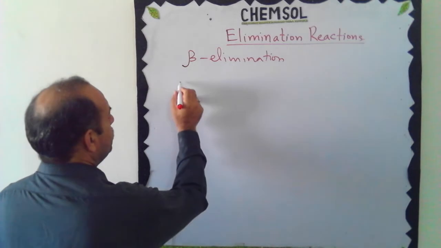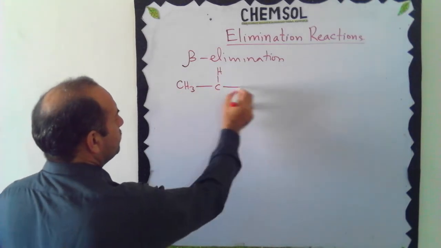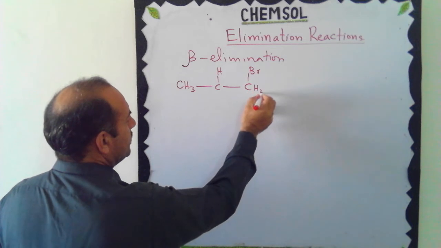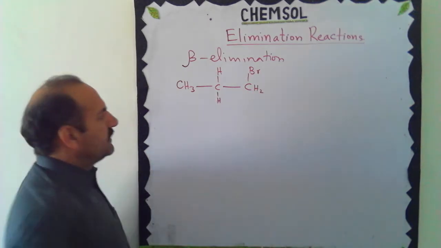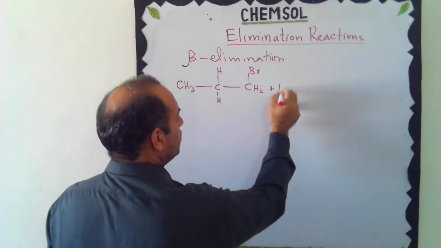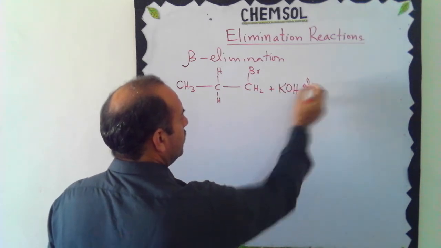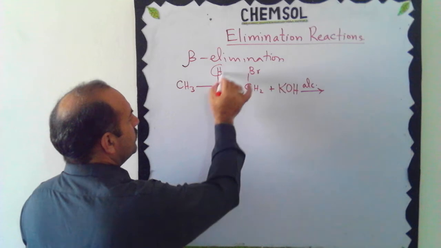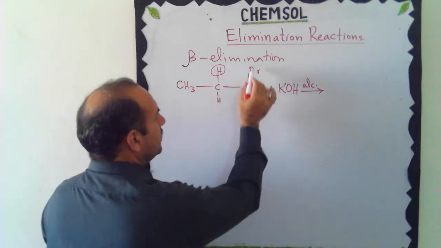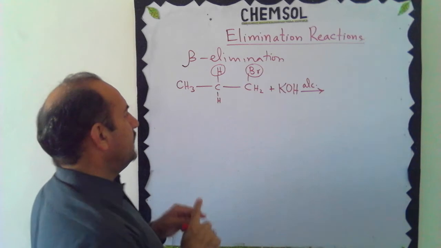For example, we have a compound like this. This is a hydrogen, and for example, this is bromine, while this is 1-bromopropane. If we react this with potassium hydroxide and alcohol, then the hydrogen, which is called beta hydrogen, and the bromine or bromide will be eliminated.